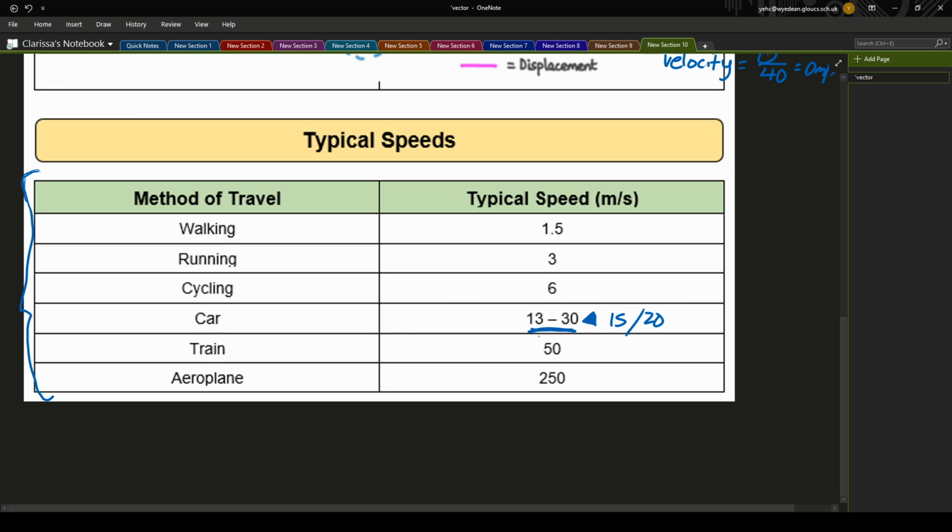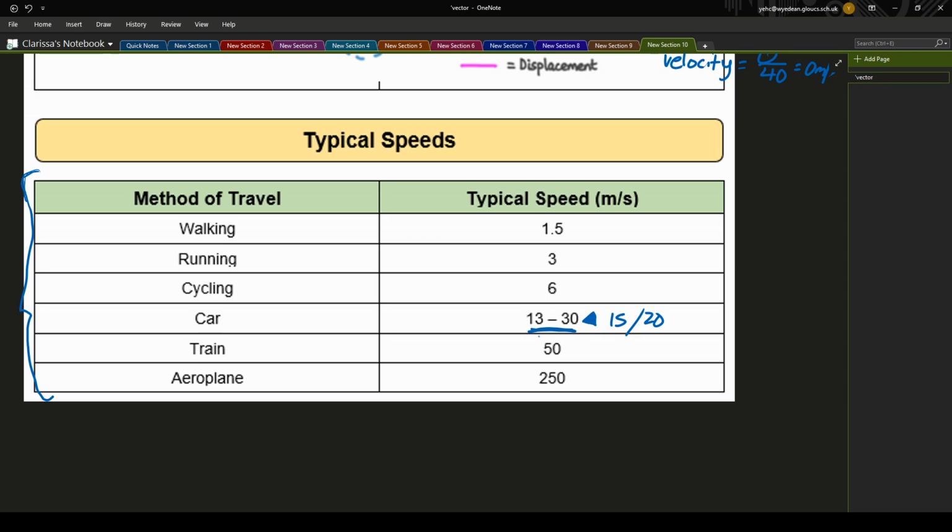how they usually ask this question. They usually wouldn't just say state the typical walking speed. They would ask you to calculate something and say, how does this compare to the typical walking speed? But they wouldn't tell you the typical walking speed. So they would say, this truck is traveling at 40 meters per second. How does this compare to the typical speed of a car?